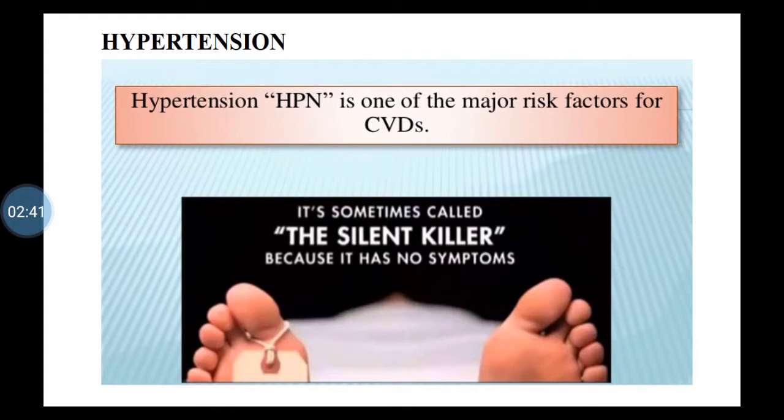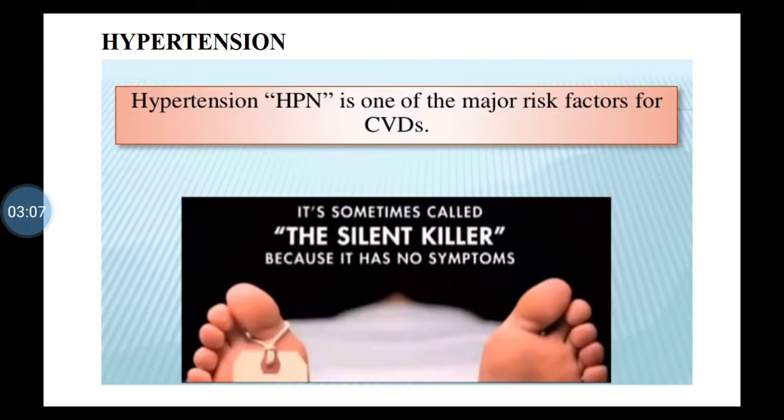Hypertension is derived from the terms hyper, meaning high, and tension, meaning pressure. So, it is the pressure exerted by the blood on the inside walls of blood vessels. Now, normal blood pressure that is measured is actually 140 by 90 mm of mercury.